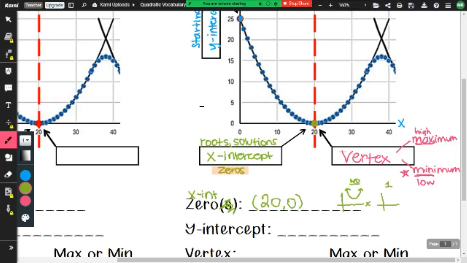If you have one root, it's only going to touch the x-axis one time at the tip. Okay, and if you have two roots, your parabola is going to be crossing the x-axis in two spots.